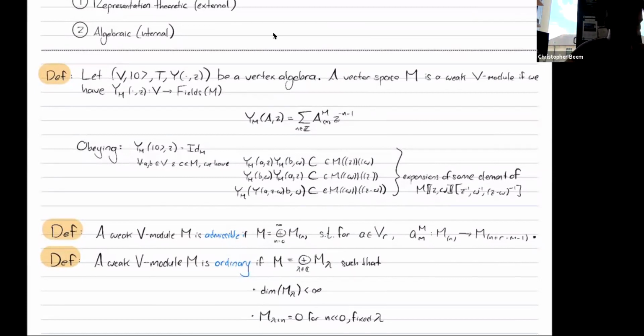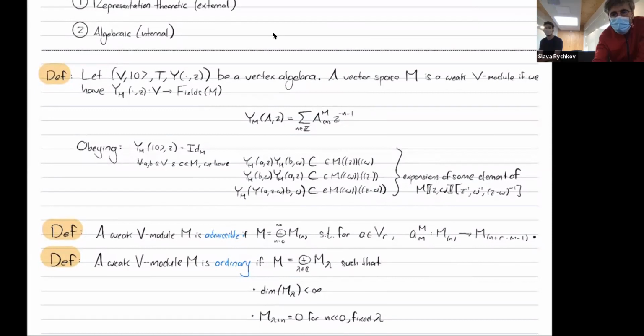Right. So okay. Thank you for that question. I should have accentuated this point when I made it. So these Y_M, these are not maps from M to fields. They're maps from V to fields. This is the thing that you define if you want to understand how an element of your vertex operator algebra, the actual meromorphic algebra, acts on this other vector space.